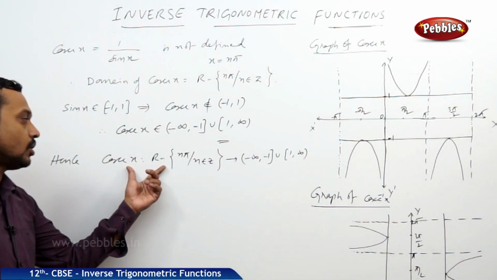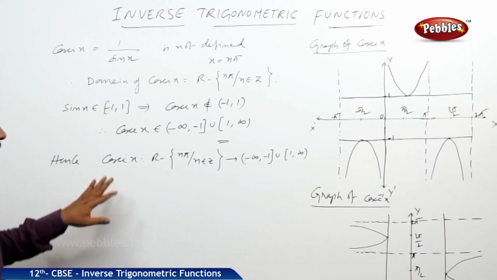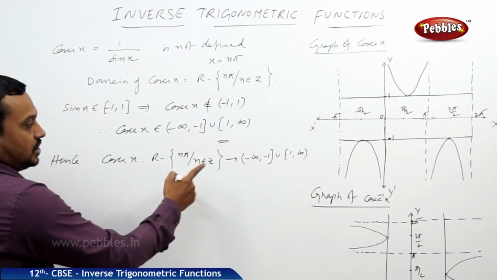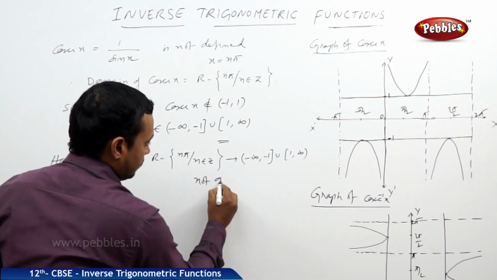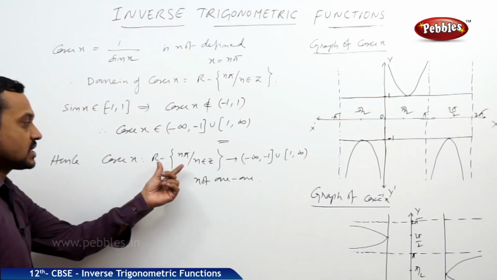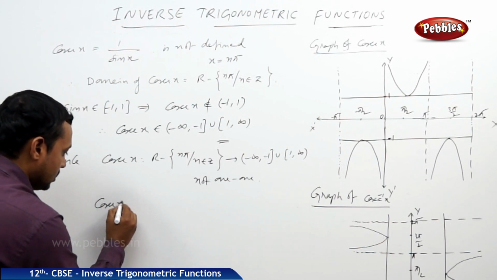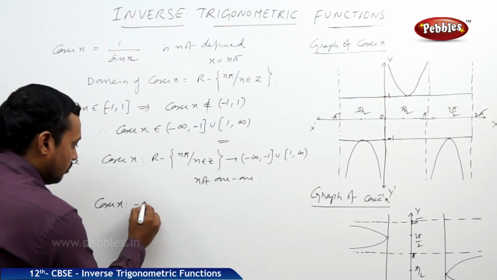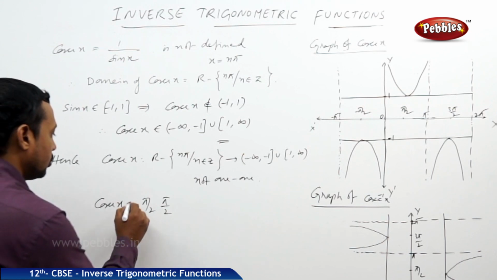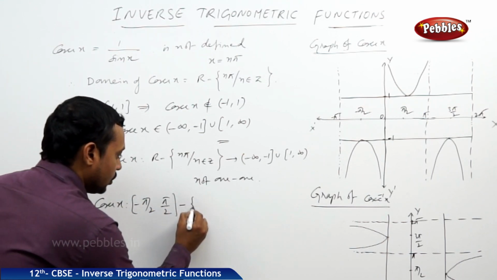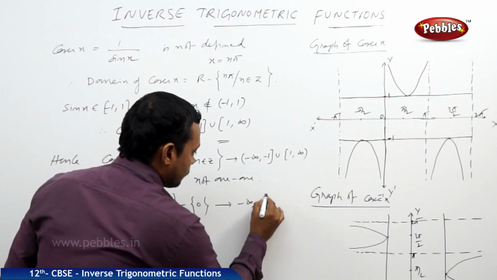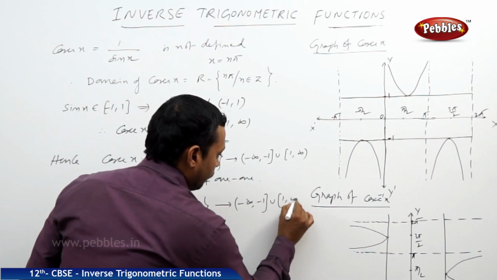Now in this domain and range, this is not a 1-1 function. Of course it is a function, but not 1-1. Now to make it into a 1-1 function, we have to restrict the domain again. That means cosecant x is defined from minus pi by 2 to pi by 2 excluding 0, to minus infinity to minus 1 union 1 to infinity.